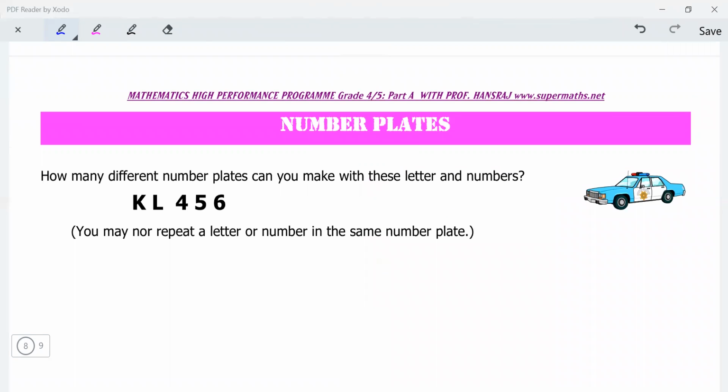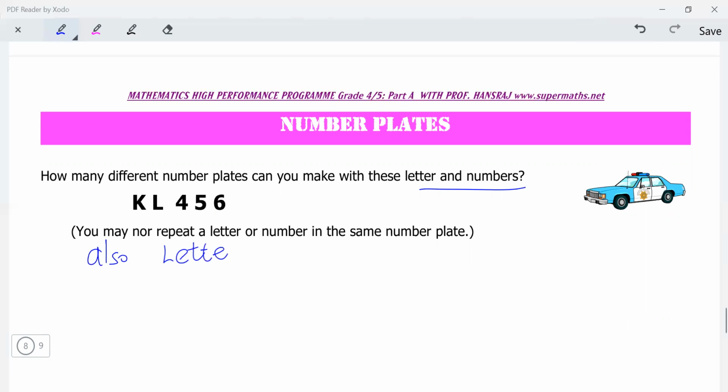How many different number plates can you make with these letters and numbers? Suppose you have KL456. Now, which city could KL be? Think about it. Anyway, how many different number plates can you make with these letters? You may not repeat a letter or number in the same number plate. Also, in most places, letters come first.